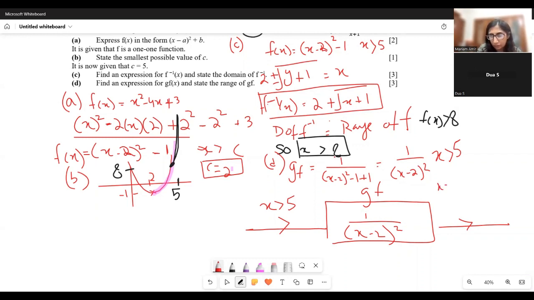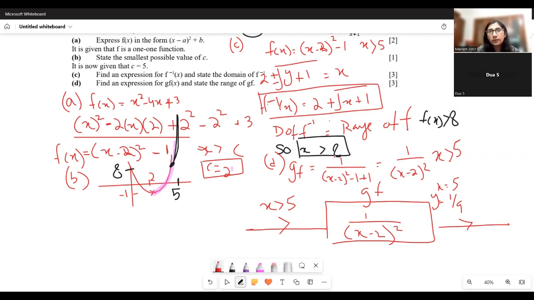Now if you keep increasing the values of x, 6, 7, 8, 9, 10, the denominator keeps getting bigger and the total fraction keeps getting smaller, because with bigger numbers in the denominator the fraction itself becomes smaller.